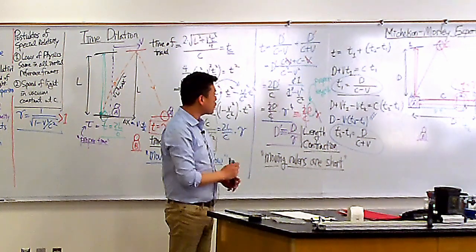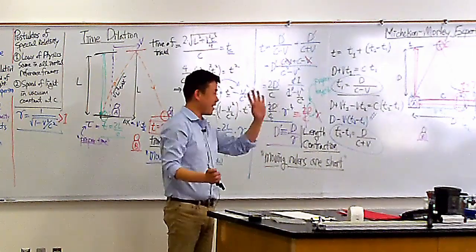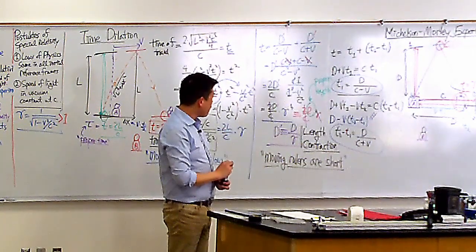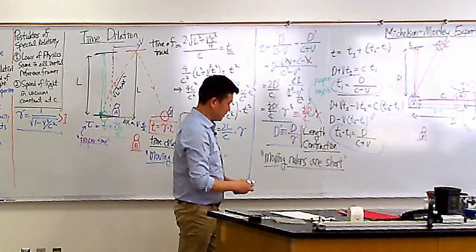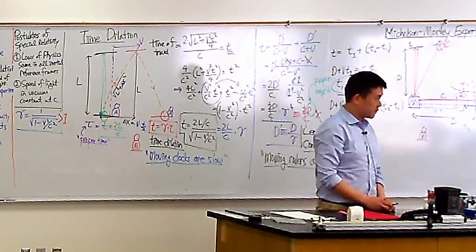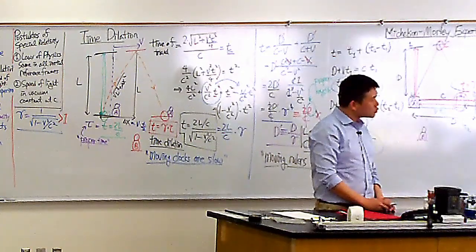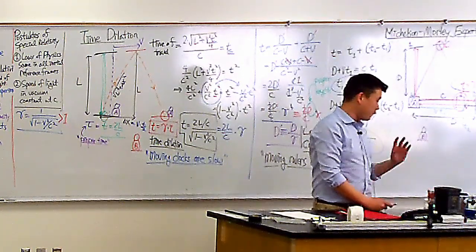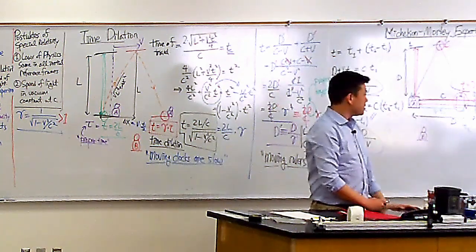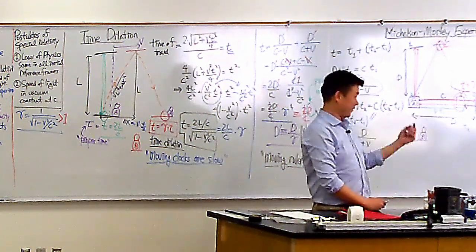Well, let me give you a quick preview of what we are getting to on Thursday. I want to explain a little bit of language that I'm going to be using while we are in special relativity. It's a shorthand to avoid having to do a lot of tedious clarification over and over.